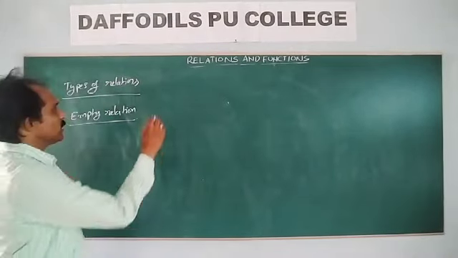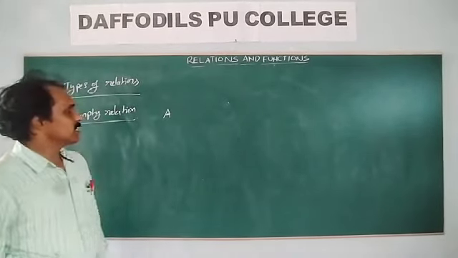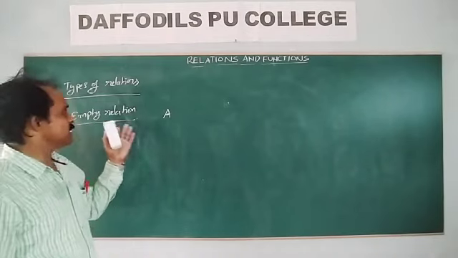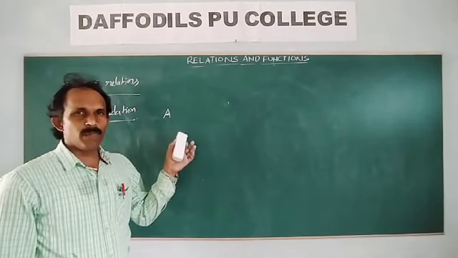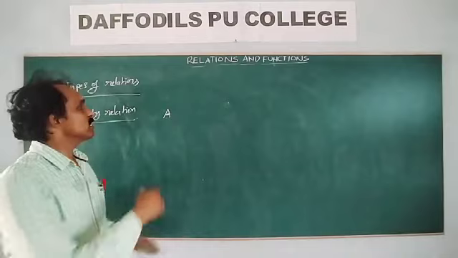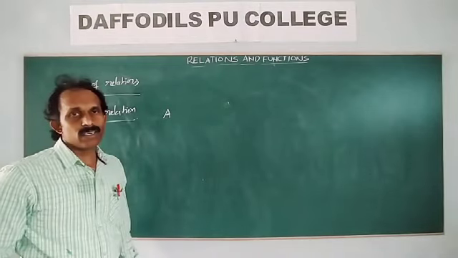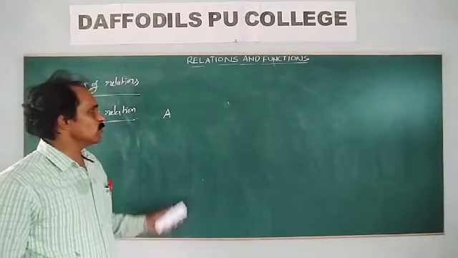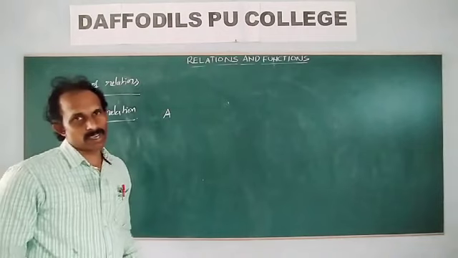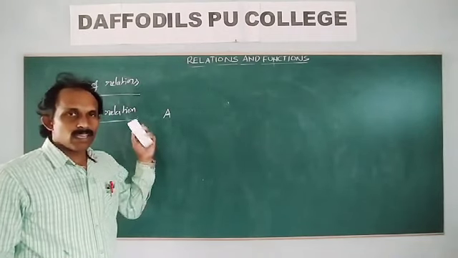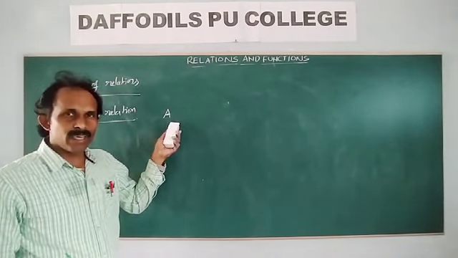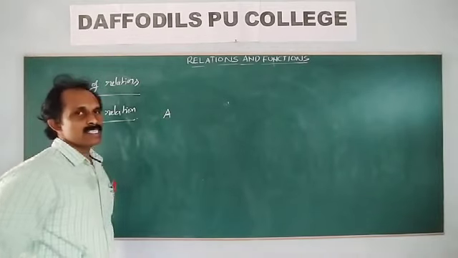Now suppose there is a set A. What is an empty relation? An empty relation is one in which no element of A is related to any element of A.